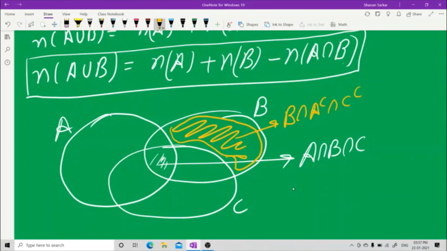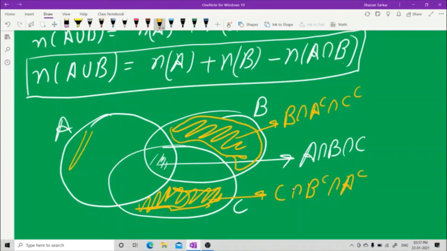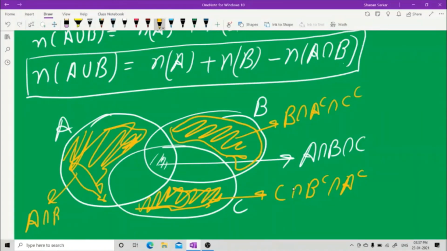Similarly, this yellow portion here is C intersection B complement intersection A complement. Similarly, this yellow portion here is A intersection B complement intersection C complement.